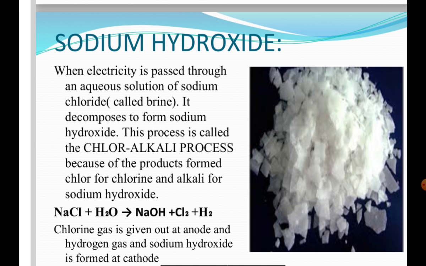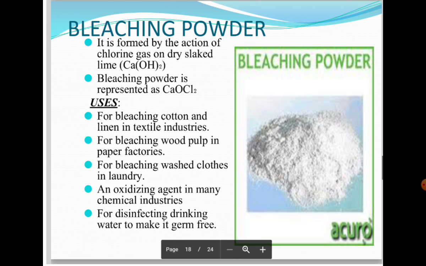Next, bleaching powder is formed by the reaction of chlorine gas and dry slaked lime, Ca(OH)2. Bleaching powder is represented as CaOCl2.